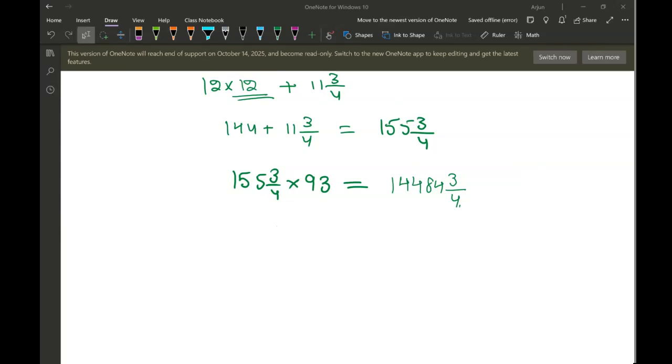And then I want to convert the total length into feet and inches. How can I convert it? I will divide this number by 12.